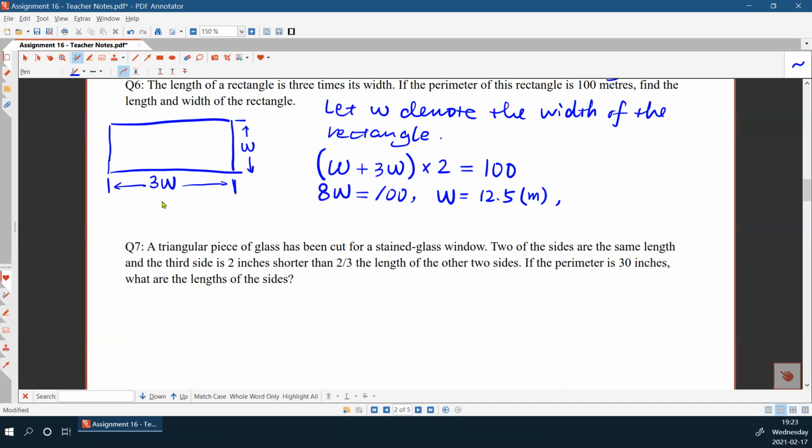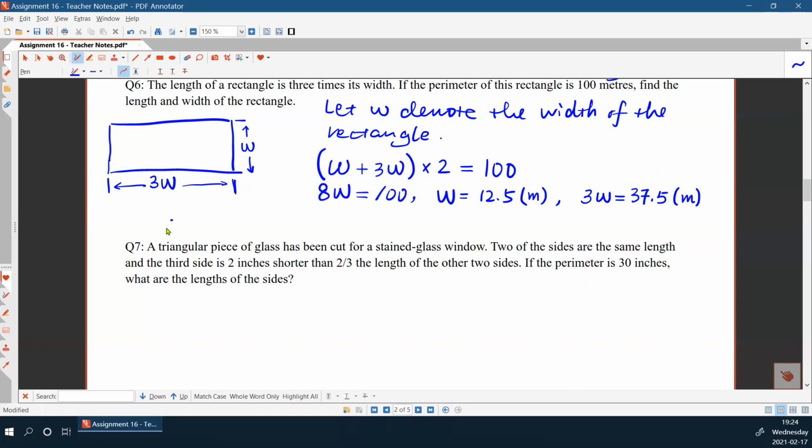So how about the length? Length is 3 times the width, right? So the length, 3W, equals 37.5. The unit is the same as the perimeter of this rectangle, which is meters.